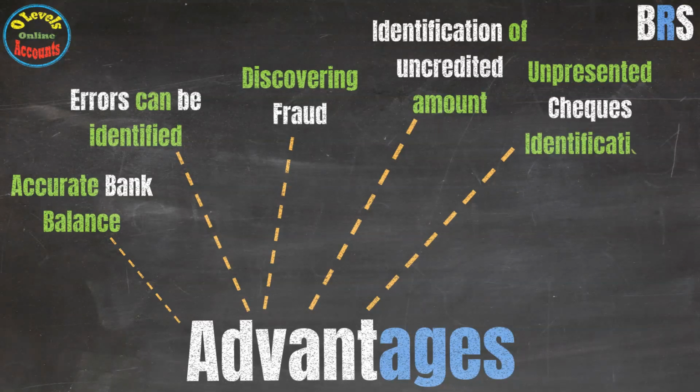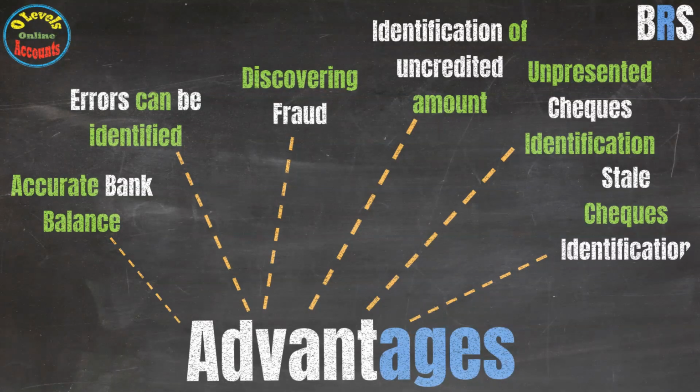Checks not yet presented can be identified, and the business will correct them in the cash book accordingly. The last but not least advantage refers to stale checks identification. Any stale checks, usually those which are over 6 months old, which will not be met by the bank, can be identified and written back into the bank account.